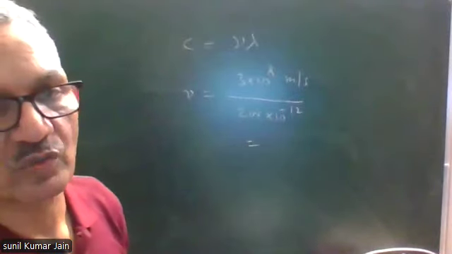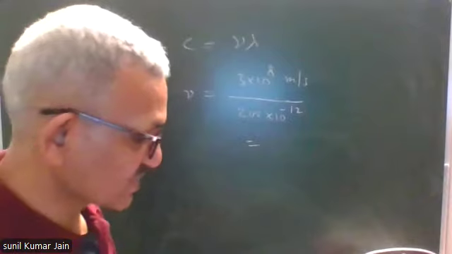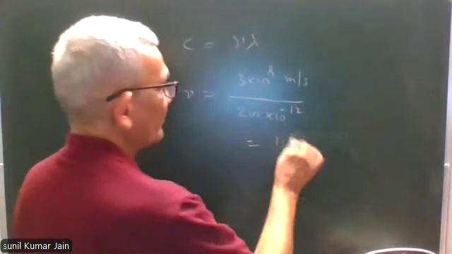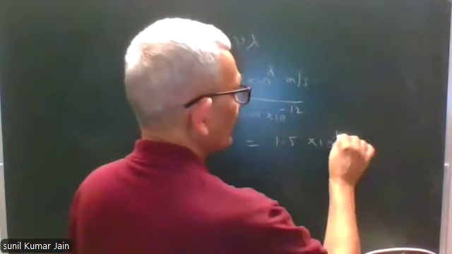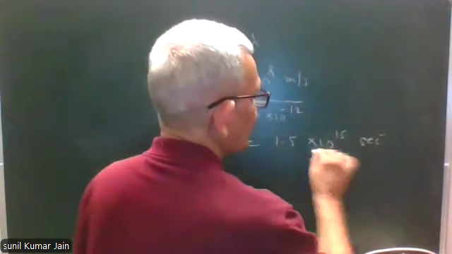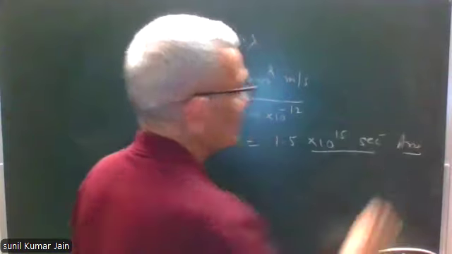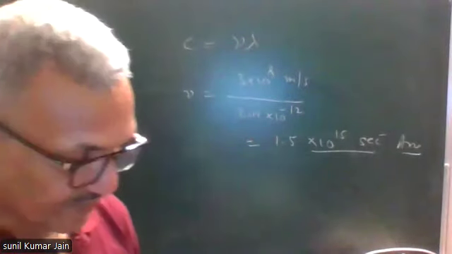Automatically units will also come. This will give you the second answer. This is 1.5 into 10 to the power 15 second inverse.